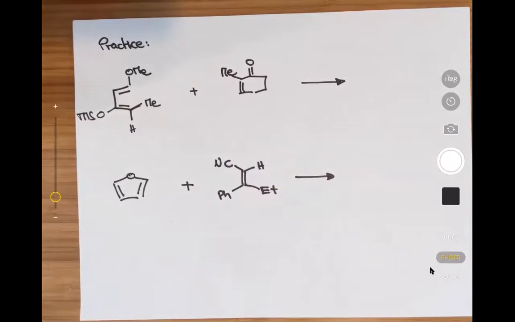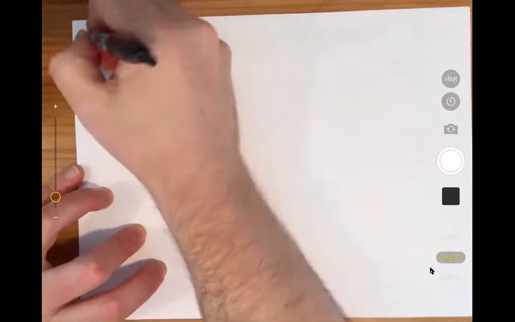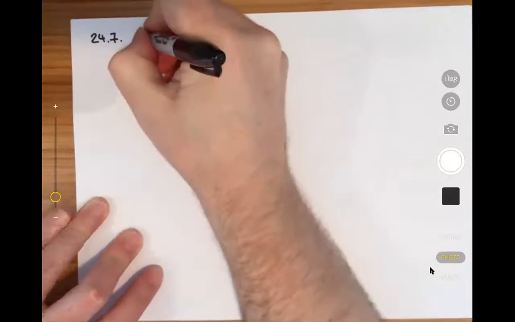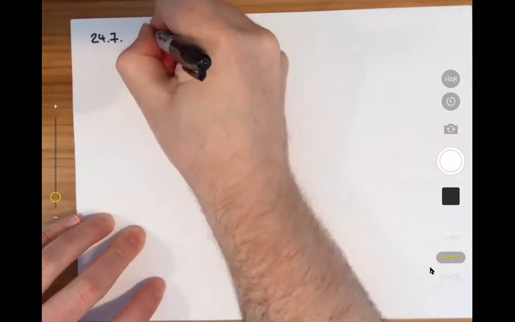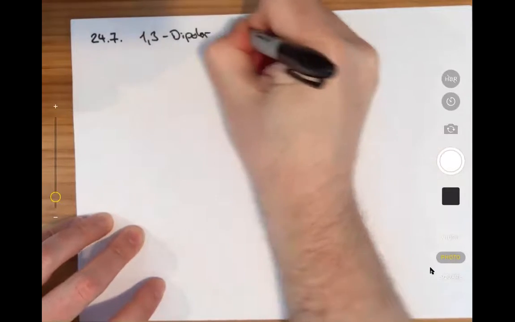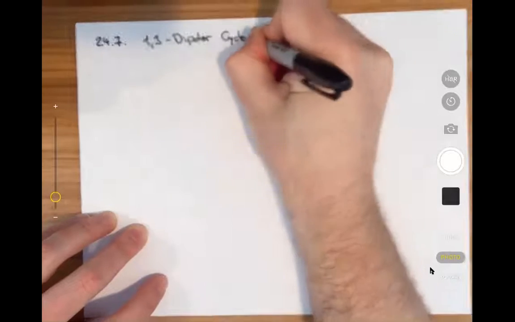Okay, I want to end with another type of 4+2 cycloaddition that is quite common in organic chemistry, and this is the 1,3 dipolar cycloadditions. And in your textbook, that's 24.7, the 1,3 dipolar cycloaddition.